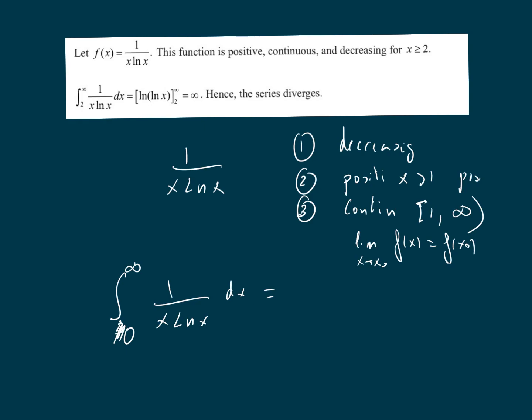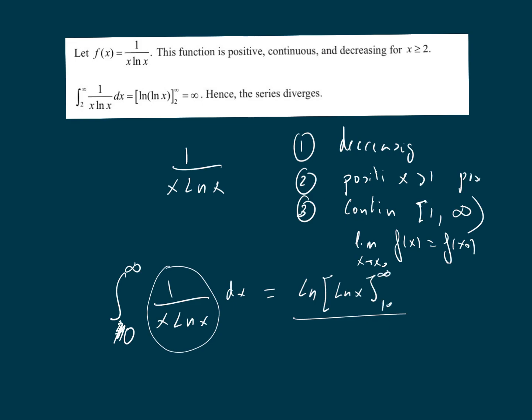What is the antiderivative of 1 divided by x natural log of x? It is the natural log of the natural log of x. Why is this the antiderivative? Because if you take the derivative of this function, you will obtain this function. So you make the evaluation between 10 and infinity.